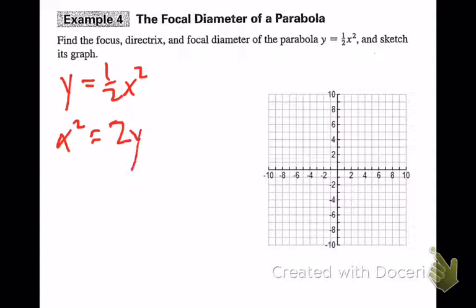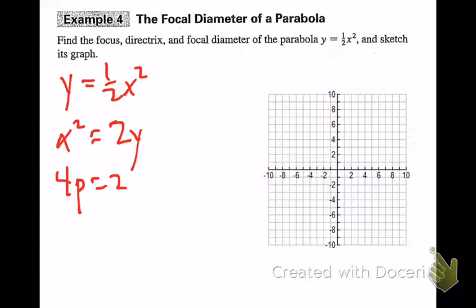So is this parabola going to open right or left or up or down? X squared opens up or down, and it's going to open up because the 2 is positive. So now we know 4p is the coefficient of y, so 4p equals 2.